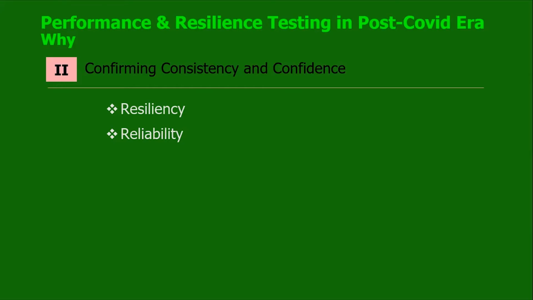If we talk about reliability, reliability is nothing but the probability of failure-free operation of your software under a specified time. It has to be a specific period or duration, as well as a specific environment. That is very important.